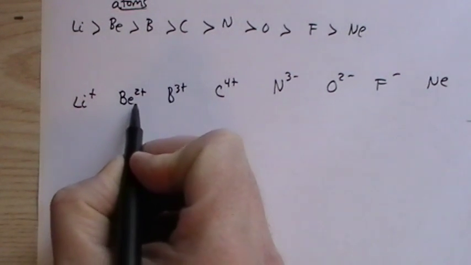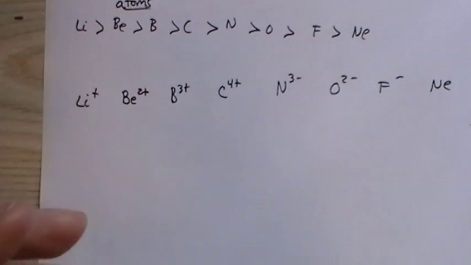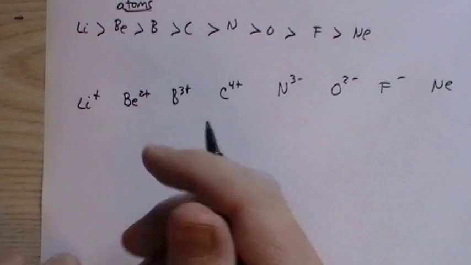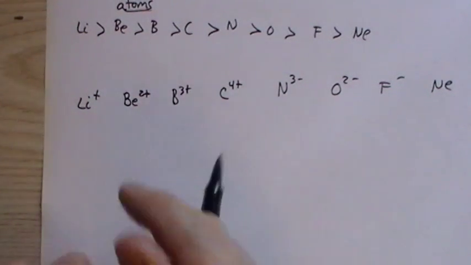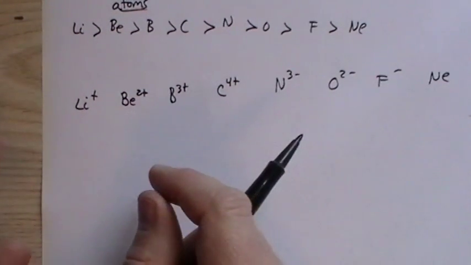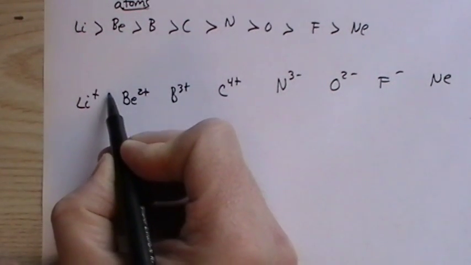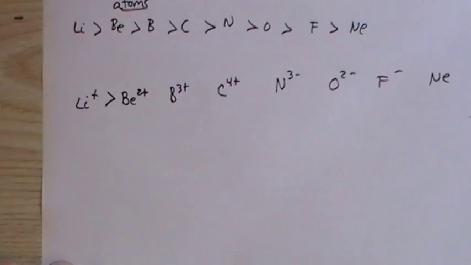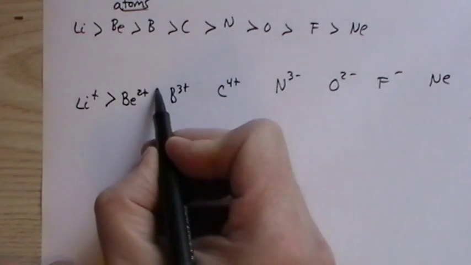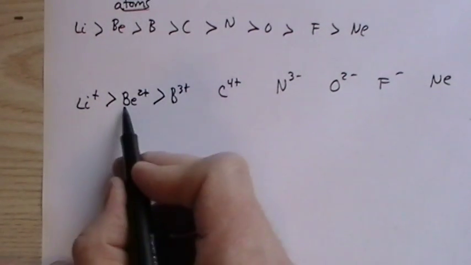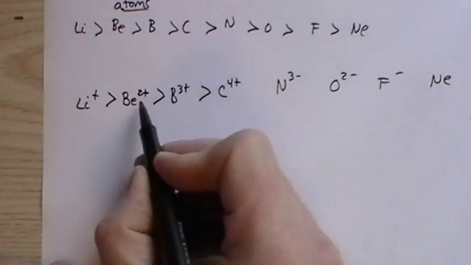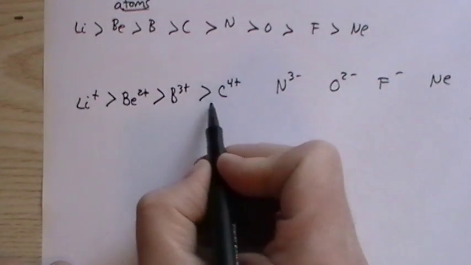Beryllium has lost 2 electrons, so it should shrink more, and the charge at the center is +4, so it should shrink even more. So lithium should be larger than beryllium, boron should be smaller than beryllium, and carbon should be smaller than the boron ion.